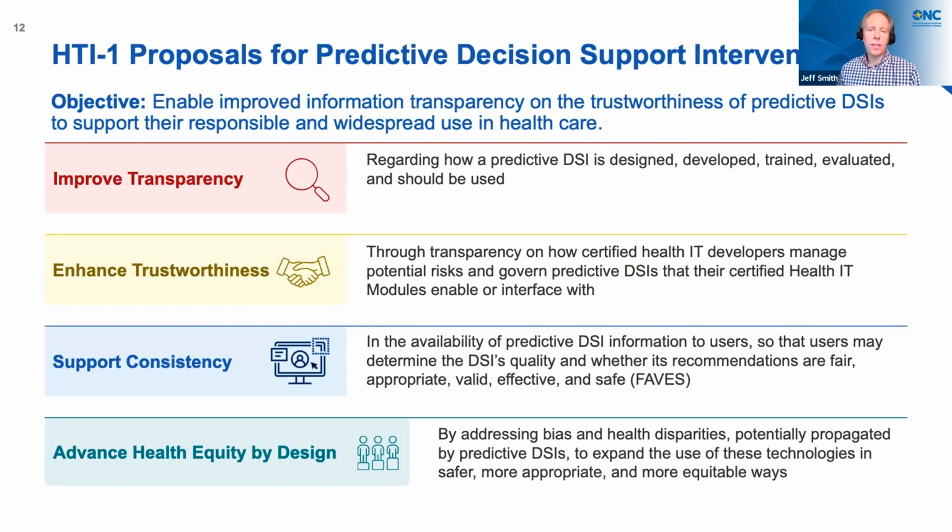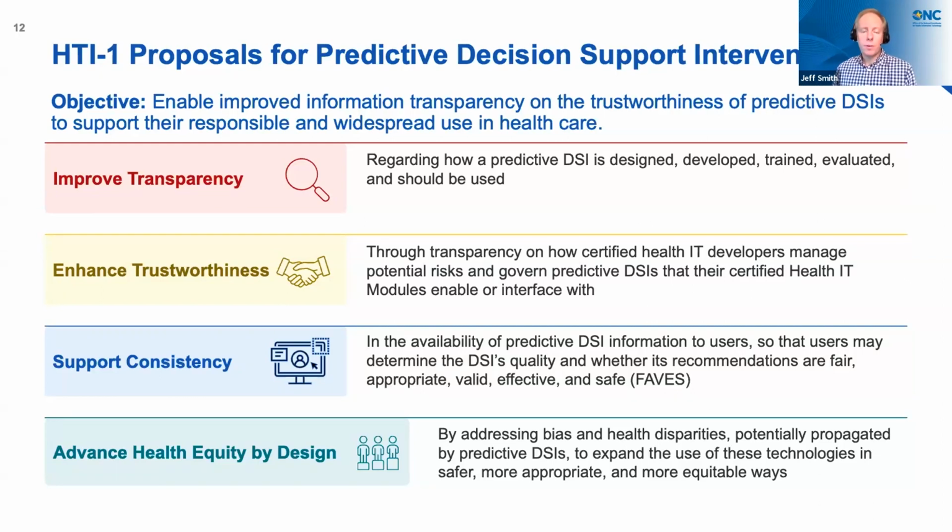And then last, but certainly not least, we looked at our proposals through the prism of advancing health equity by design. We thought that a key enabler to improving how health equity could be built into the design and development and deployment of these tools would be through requirements for information on whether the algorithm included salient data elements that are related to health equity.